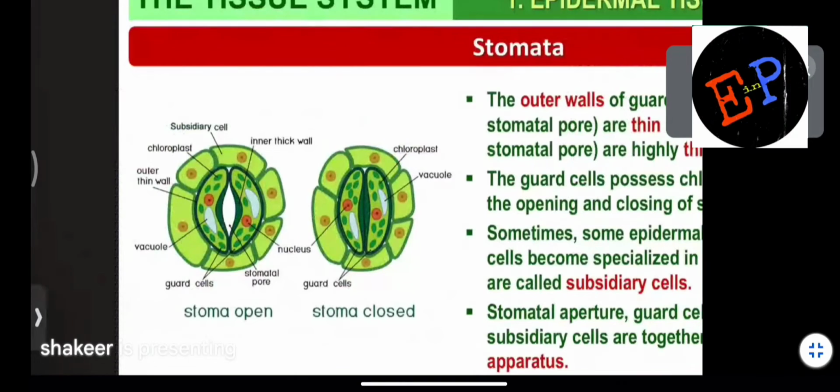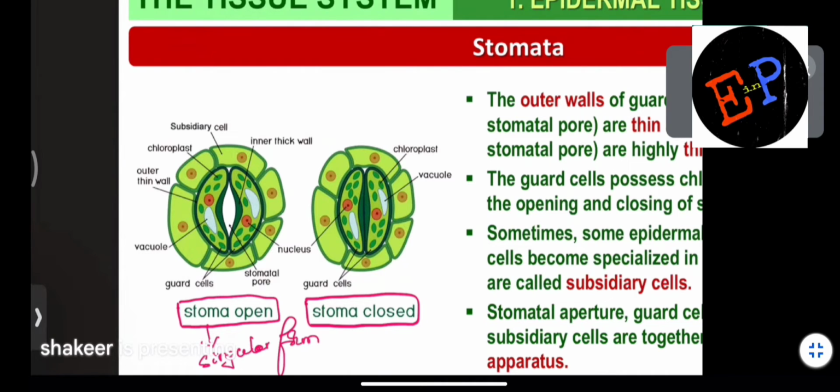This is the condition when stomata is open, and this is the condition when stomata is closed. Okay. So what is meant by stoma? Stoma is the singular form. Stomata, plural form. That's it. Are you able to understand?